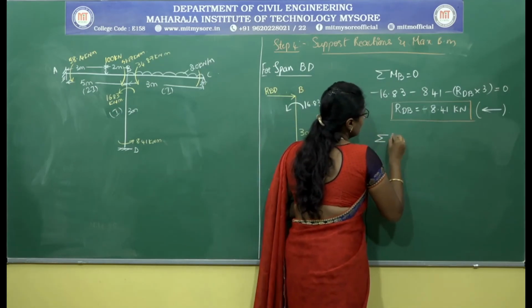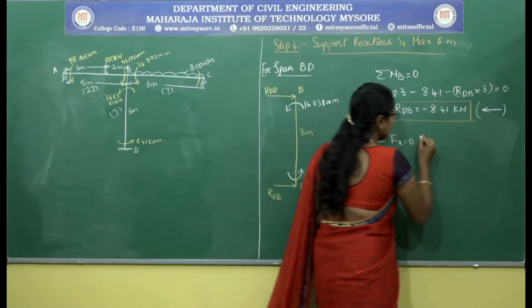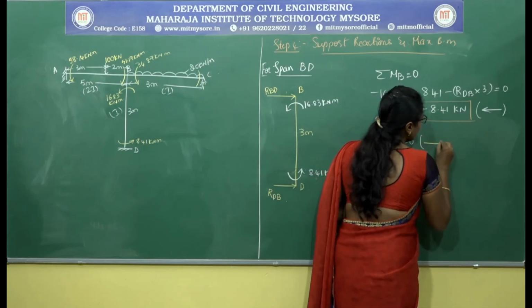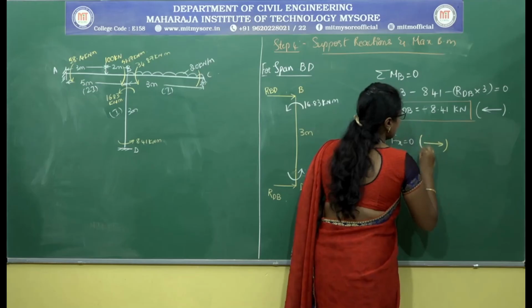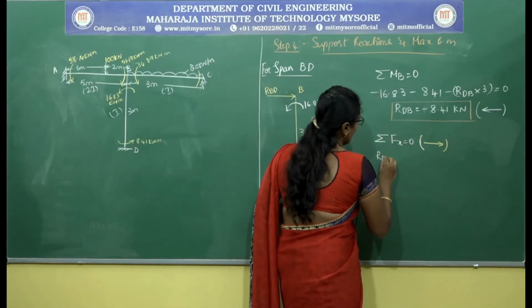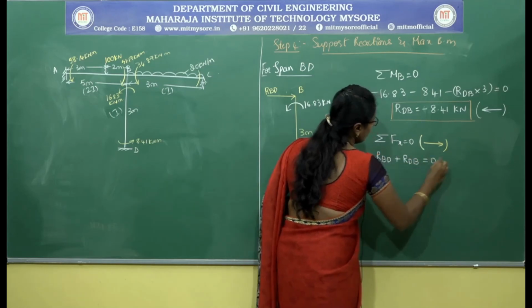Then the sum of all the horizontal forces is equal to 0 is the condition to be used here, for which we consider the force acting towards the right as positive. So here RBD plus RDB equals 0.